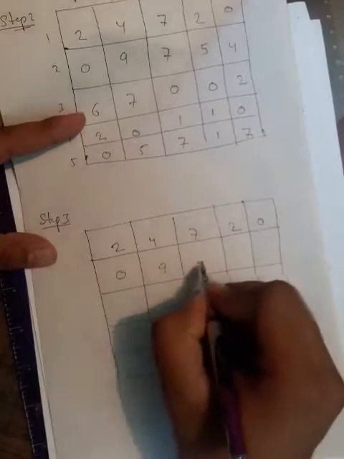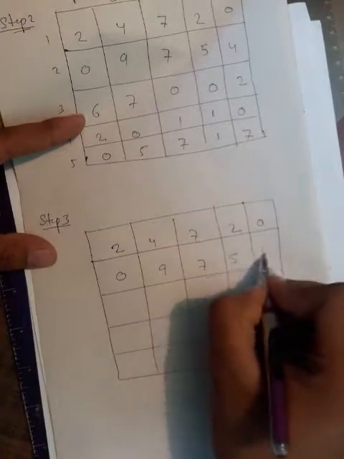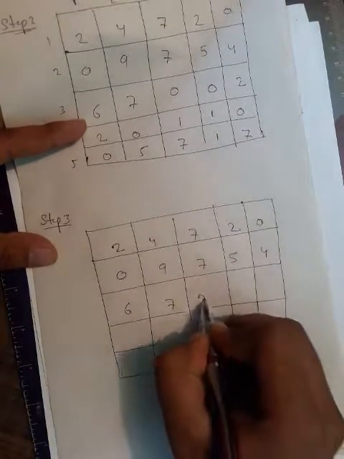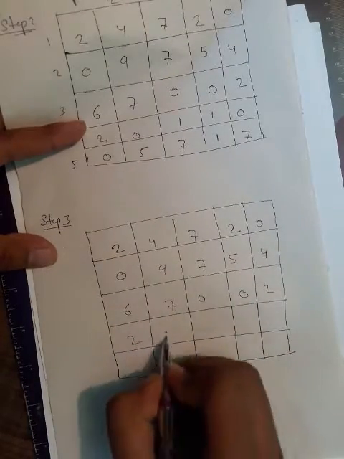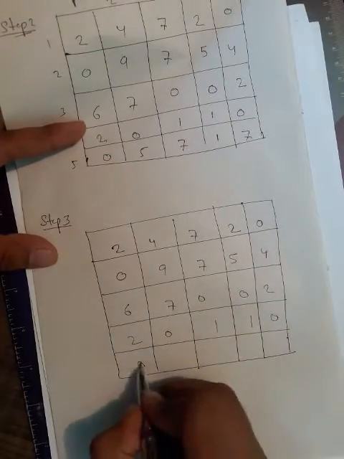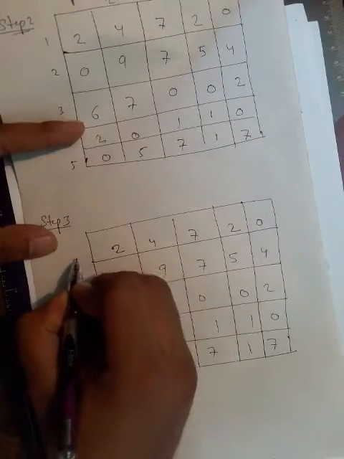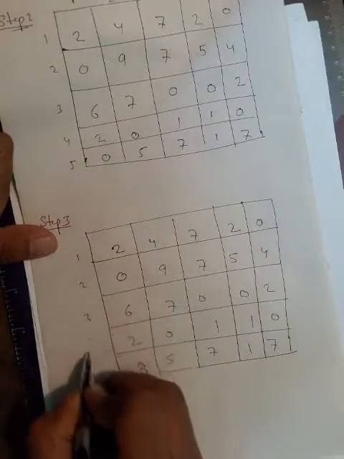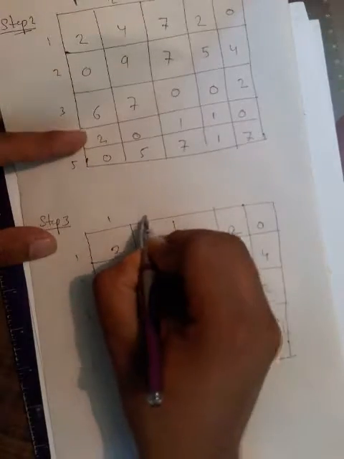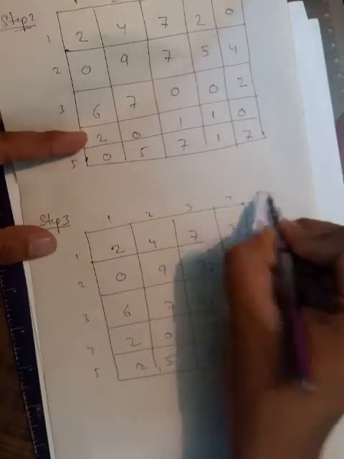Okay, 0 9 7 5 4, 6 7 0 0 2, 2 0 1 1 0, 0 5 7 1 7. Write the job numbers 1 2 3 4 5, operator numbers 1 2 3 4 and 5.